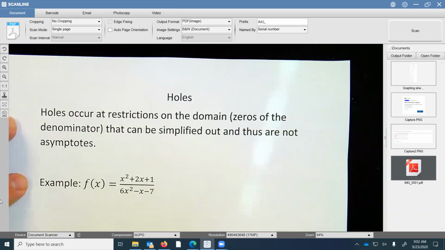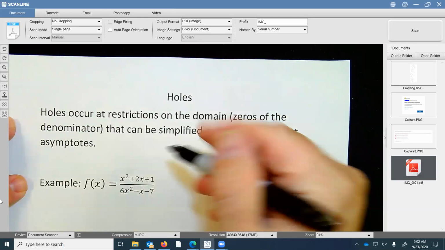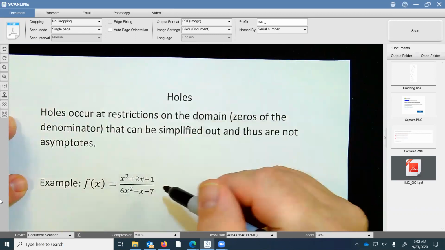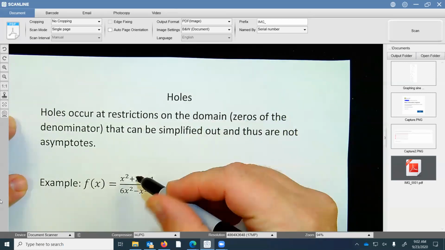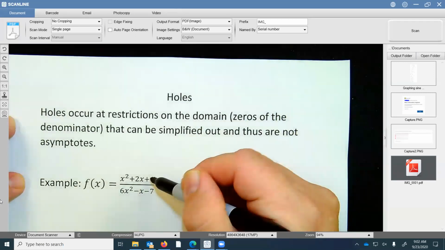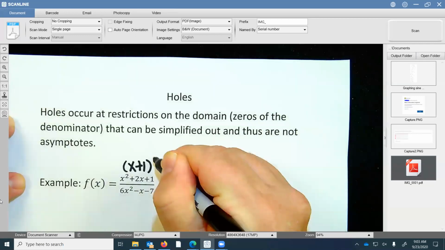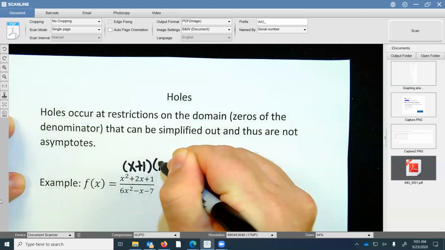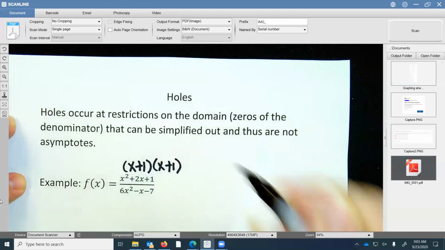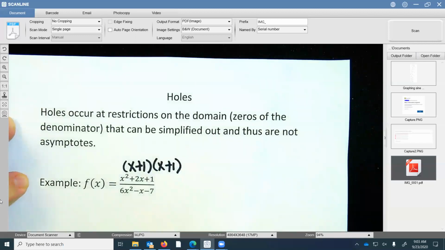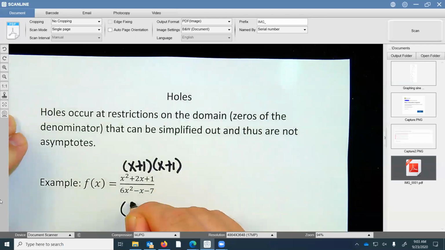So in this one, I can factor this top. That's going to factor into x plus 1 times x plus 1. I could have just written squared, but I'm not going to, for a reason. And the bottom, if we factor it, factors into 6x minus 7, x plus 1.